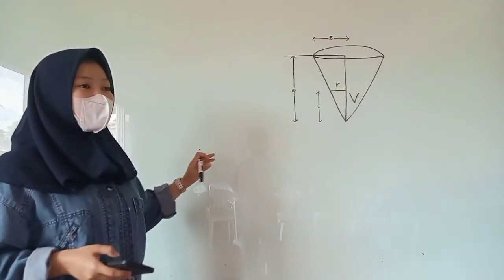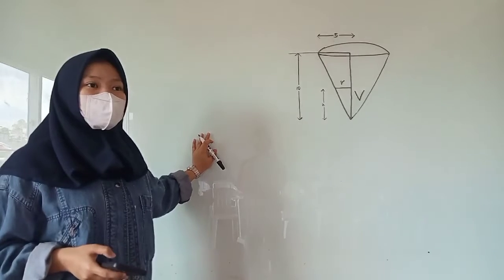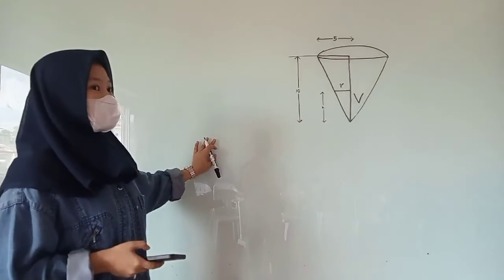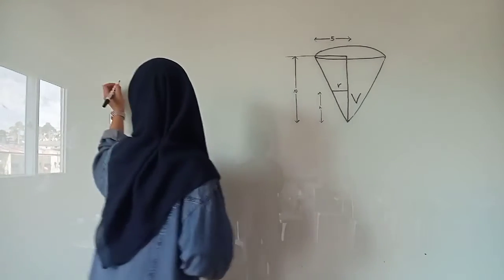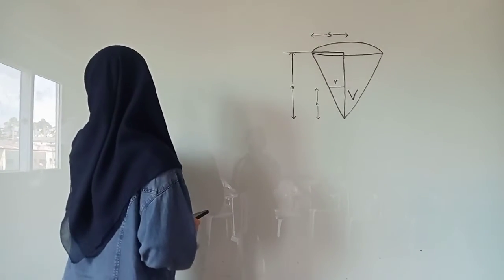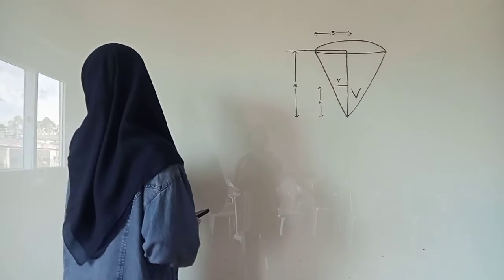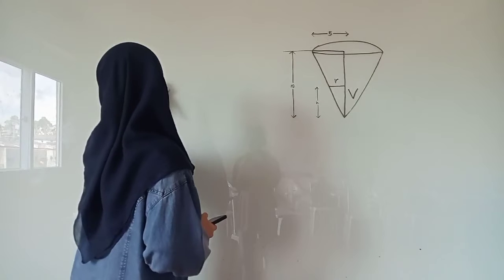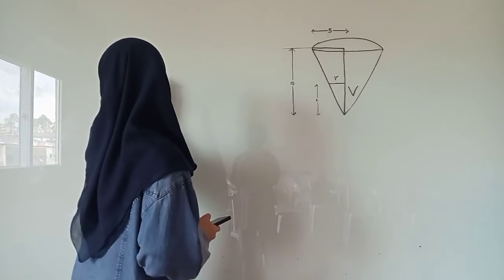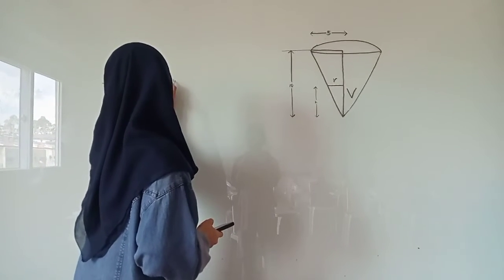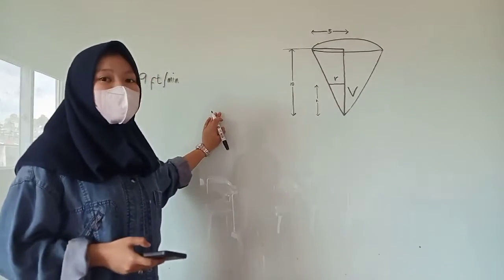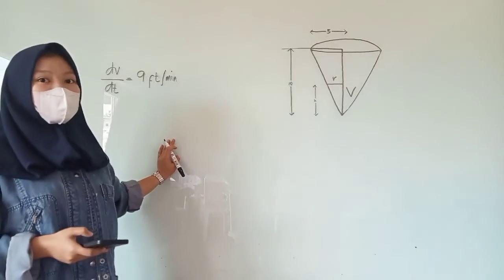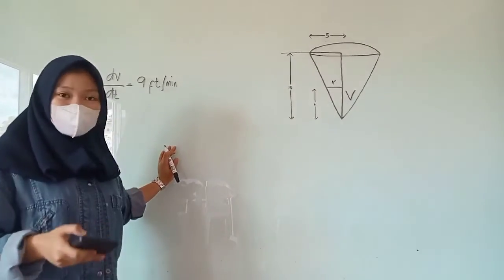We know that the rate of change of volume with respect to time, dV/dt, is 9 cubic feet per minute. So we need to find the rate of change of height with respect to time at the instant the height is 6 feet.